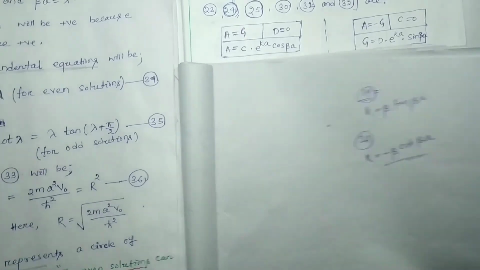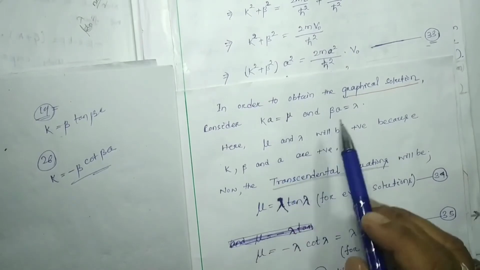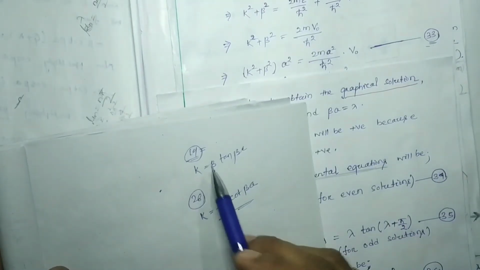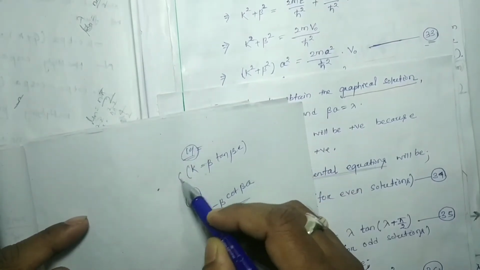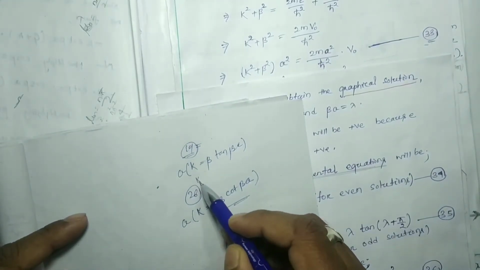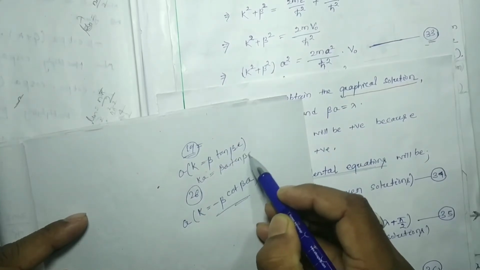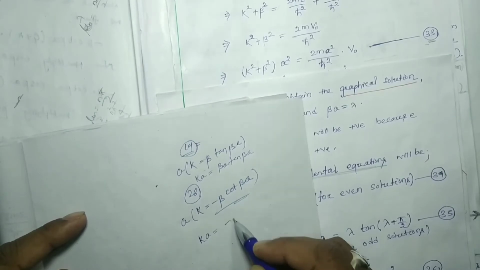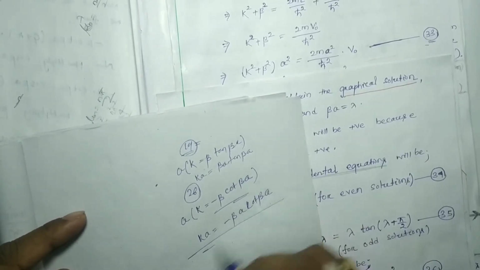So by considering k a equal to mu and beta a equal to lambda, equation 19 is modified by multiplying with a, so k a equals beta a tan beta a, and 26 becomes k a equals minus beta a cot beta a.